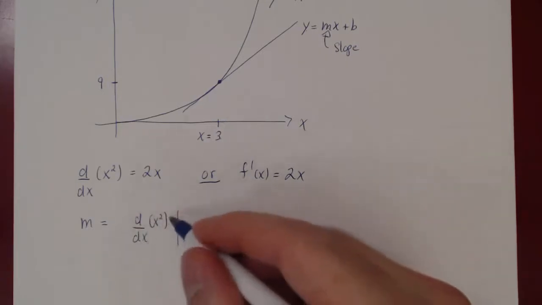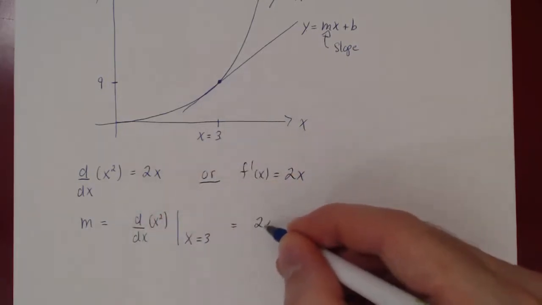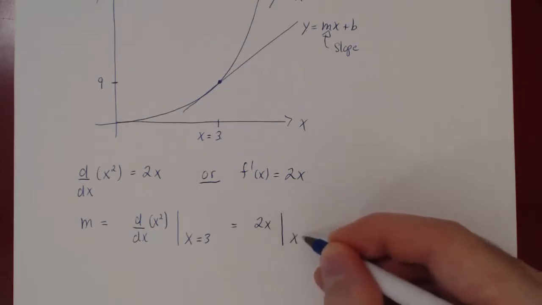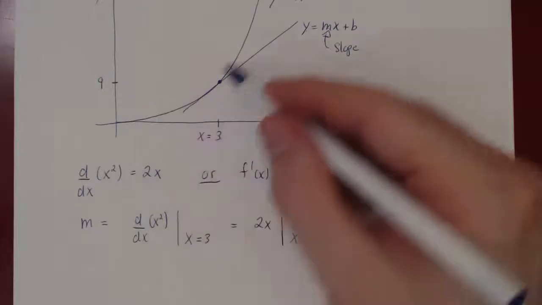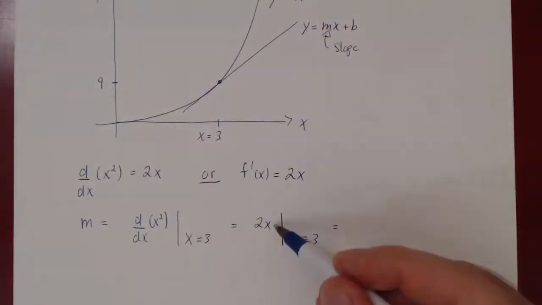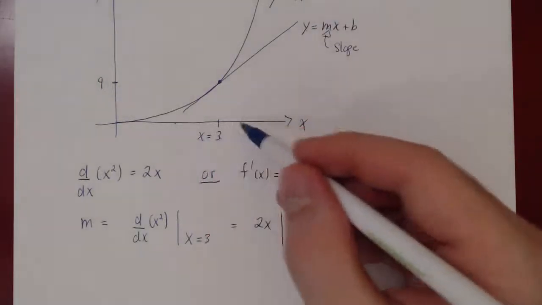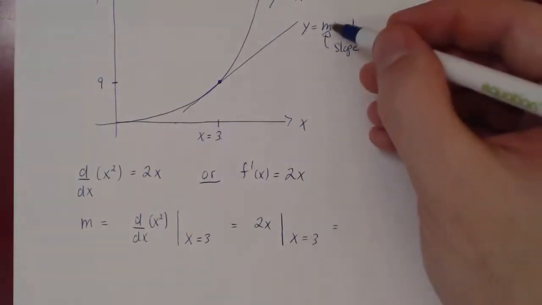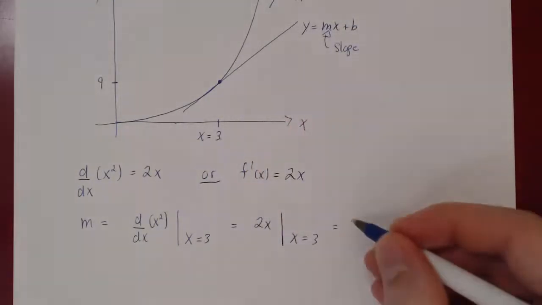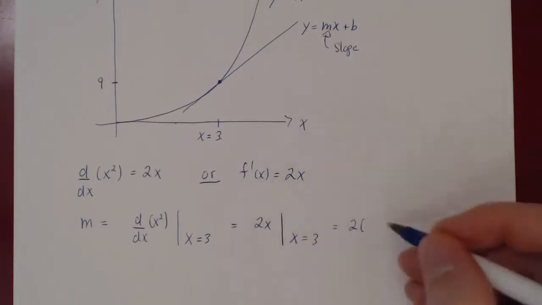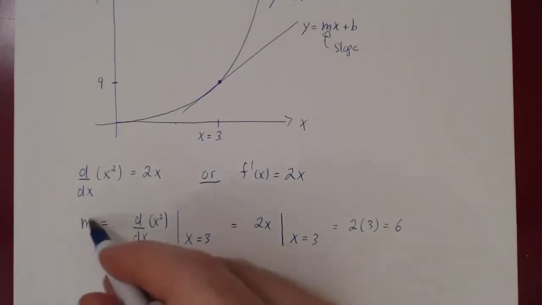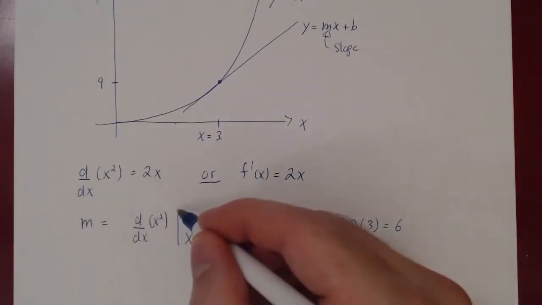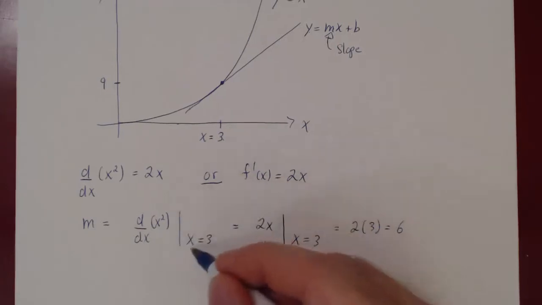Well, the derivative is 2x, and we wish to evaluate this at x equals 3, so we just replace. The slope everywhere is 2 times x for any given value of x, and specifically we want the slope m when x equals 3. So it is 2 times 3, which is 6.